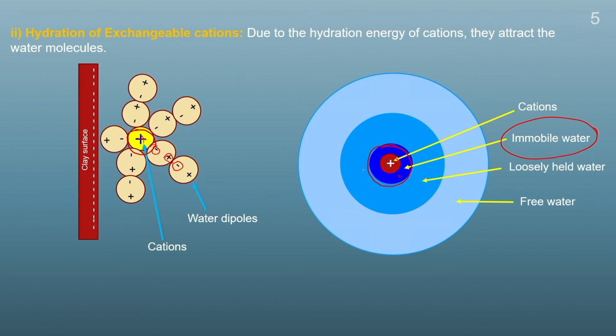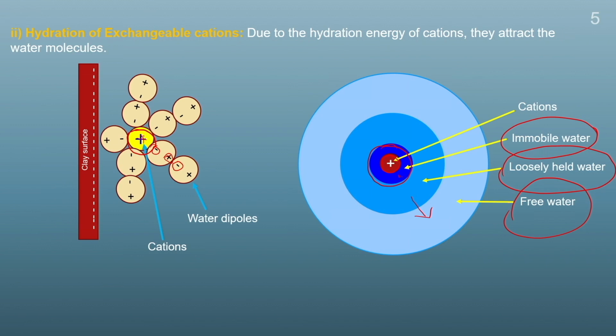As we move away from the cations, the force of attraction between the water molecules and the cations will keep on decreasing, and the water will be held lightly. If you move further away from the cations, there will be no or minimal force of attraction between cations and water molecules, and the nature of this water will be like free water. It can move freely from one point to another.